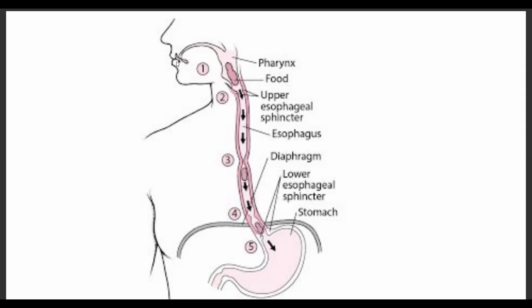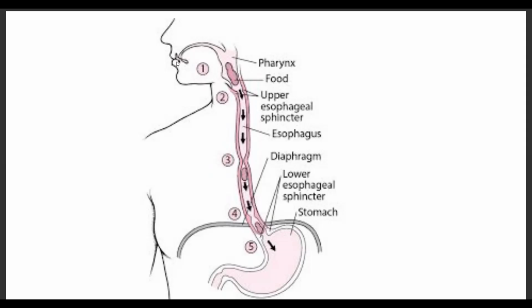Next point, skeletal muscles of the esophagus function during swallowing. Next point, smooth muscles of the esophagus are involved in peristalsis.